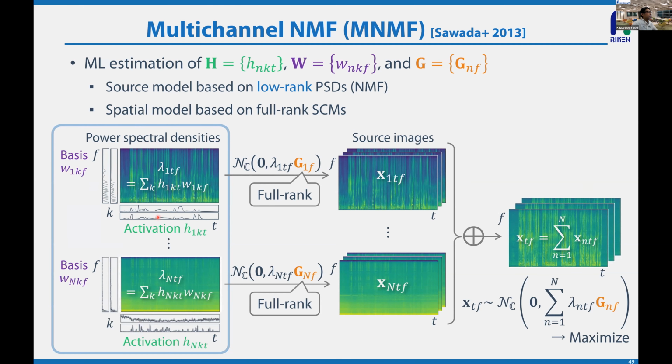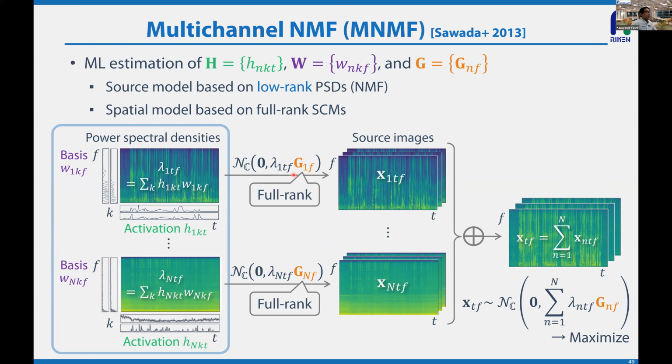The power spectral density of the first sound source, for example, is assumed to be represented by a set of basis vectors and a set of activation vectors in the framework of NMF. This part is called a source model. The source model is formulated in the single channel domain.